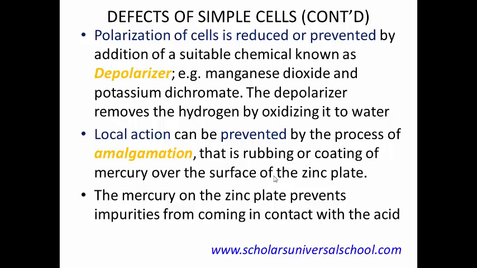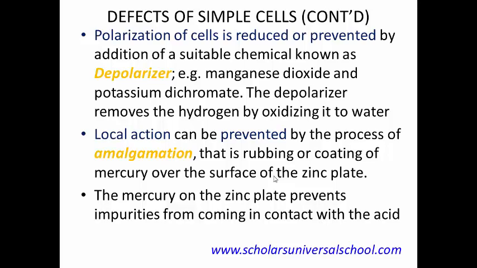Oxidation means addition of oxygen to the hydrogen you have there. Examples of depolarizers are manganese dioxide and potassium dichromate. Depolarizers are used to reduce the effect of hydrogen bubbles formed.